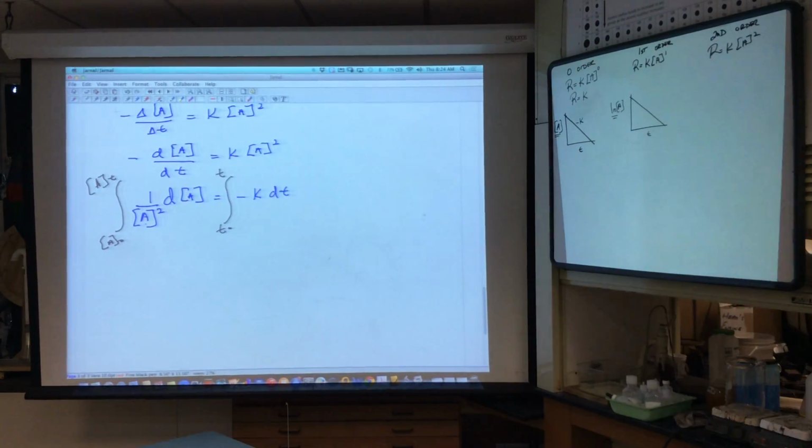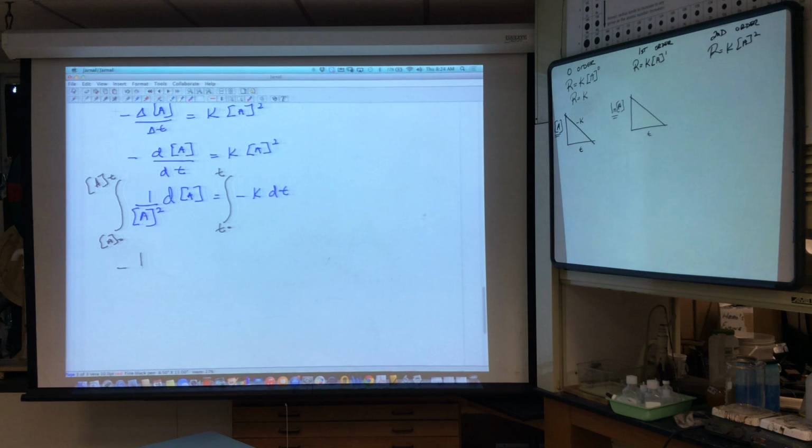What we get is negative 1 over the concentration of A at time t, minus, negative 1 over the concentration of A at initial conditions, equals, the same thing we've been getting, negative k times t, for the same reasons. Minus a minus is correct, thank you.